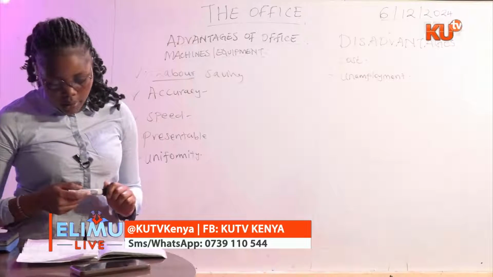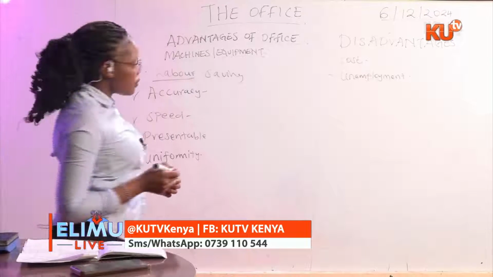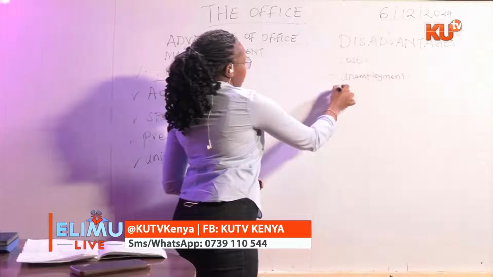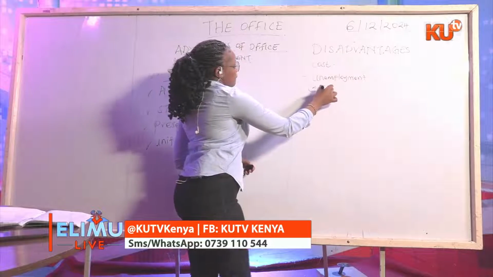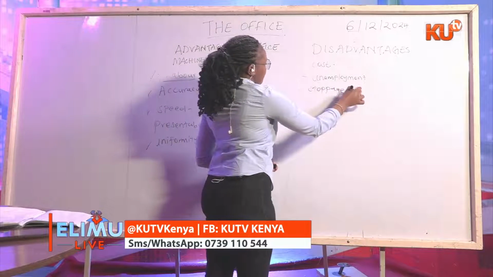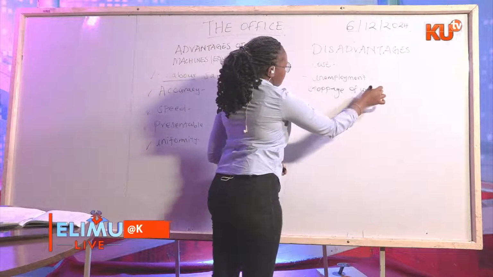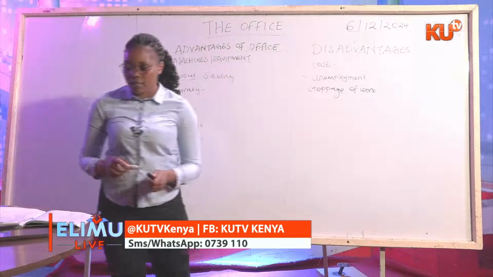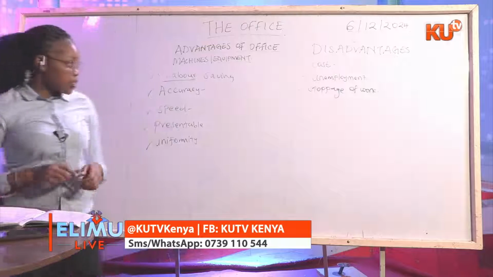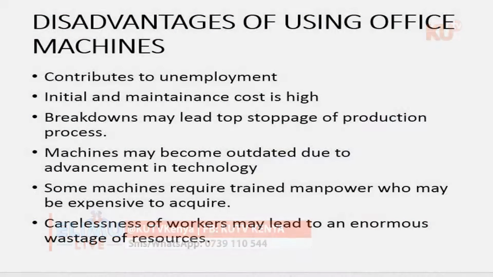Number 3, we have stoppage of work. If a machine breaks down, the production process is going to stop until the machine is able to function again.